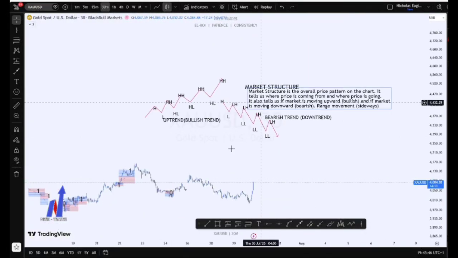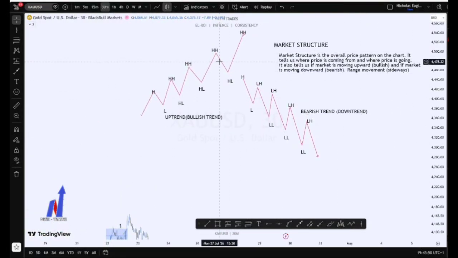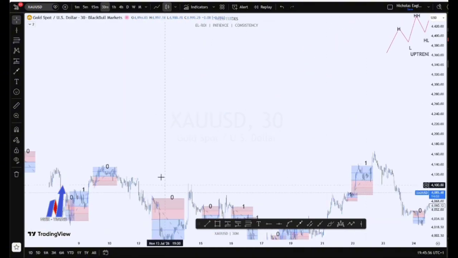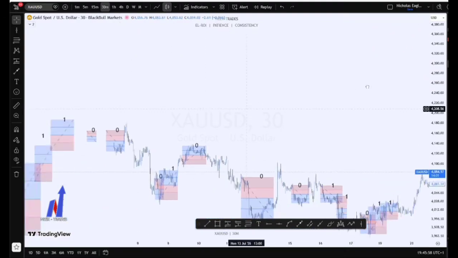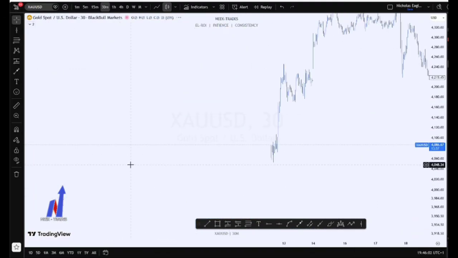Now this diagram, this uptrend diagram, let's achieve it on that chart we drew out.